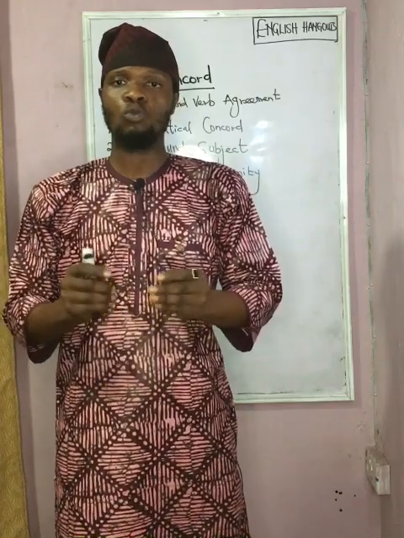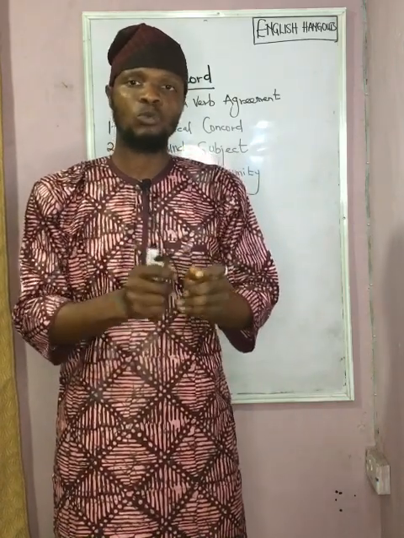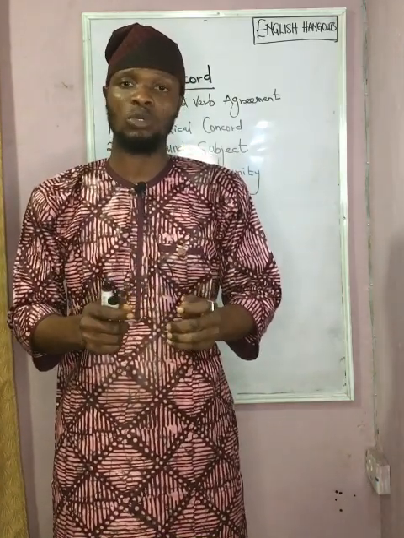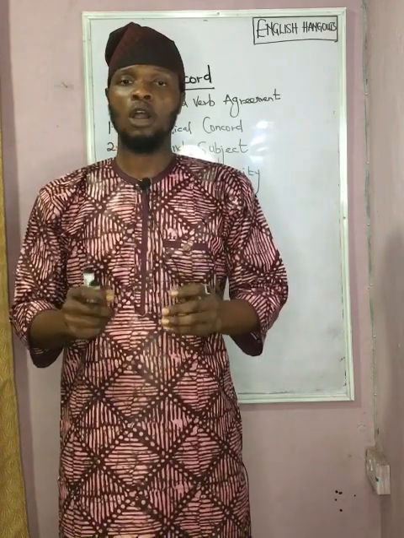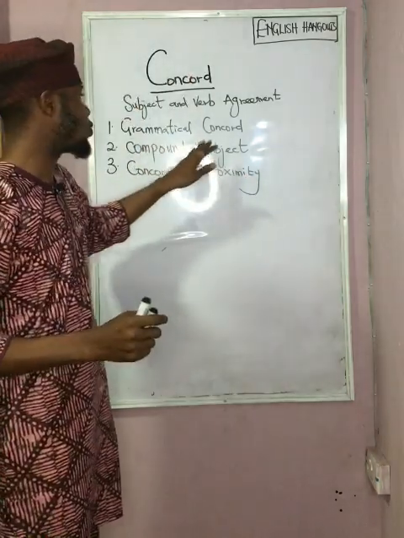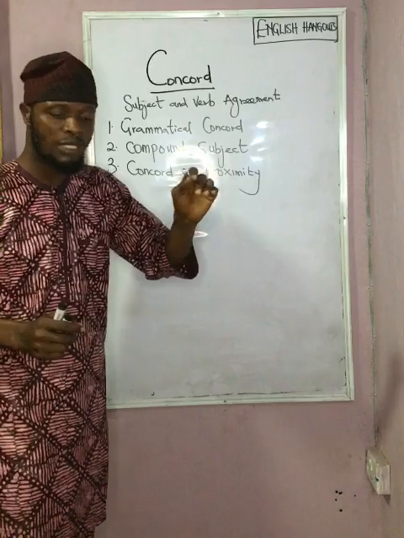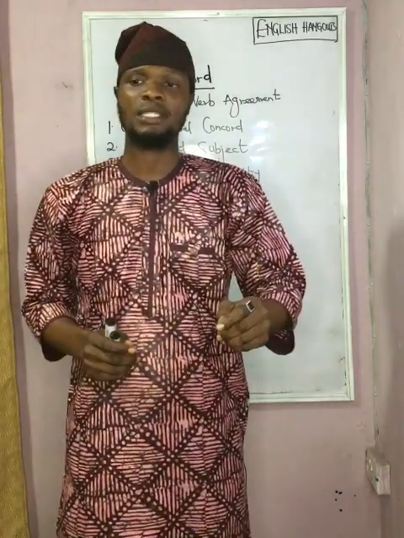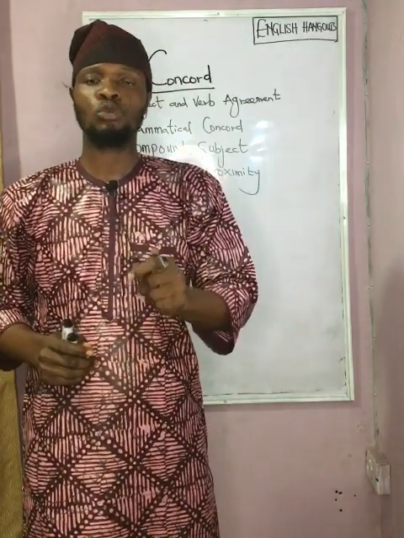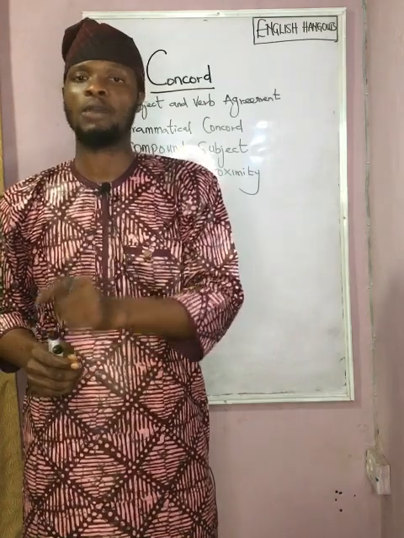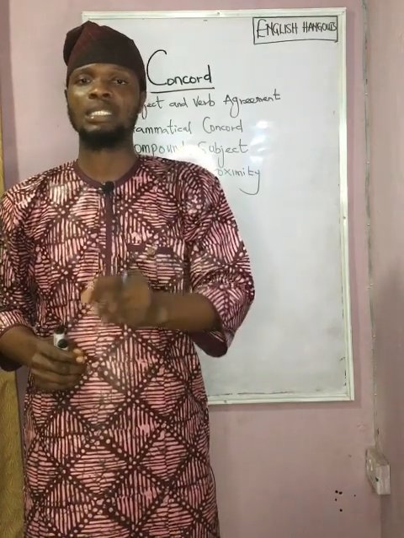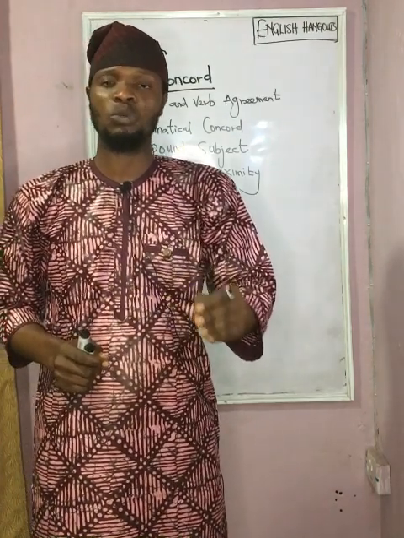As such, we should adhere strictly to the rules that govern that particular language. Under grammatical concord, the rule states that the subject of a sentence should always agree with the verb.